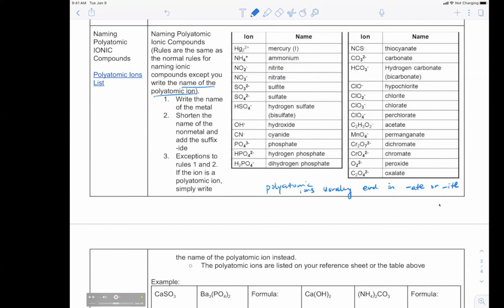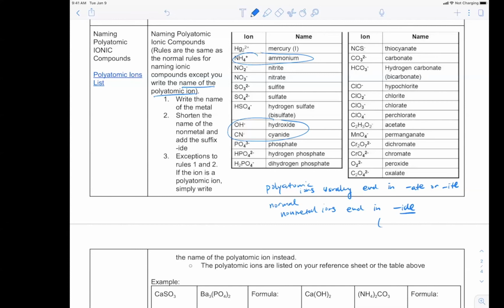Obviously, there's some exceptions. The ones people like to ask about a lot are hydroxide and cyanide, but mainly hydroxide. Ammonium is also a common one that doesn't end in ATE or ITE. Again, you don't have to memorize it, but you have to recognize when you see a polyatomic ion. And then obviously, normal nonmetal ions, remember they end in IDE.